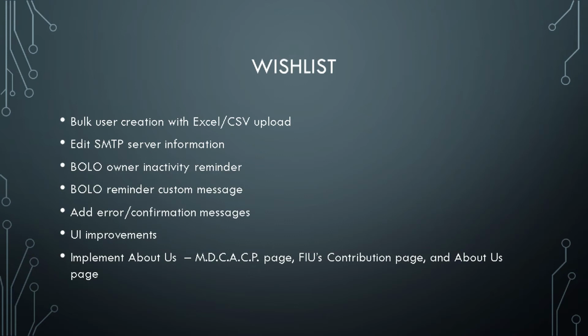So let's say they are adding a user into the system, and the user already exists with the same email as the one that they are trying to add, or with the same username. As of right now, there is no message that pops up saying a user already exists with this email, please try another email, or anything like that, as well as any other errors that occur when you're trying to add a BOLO or agency.